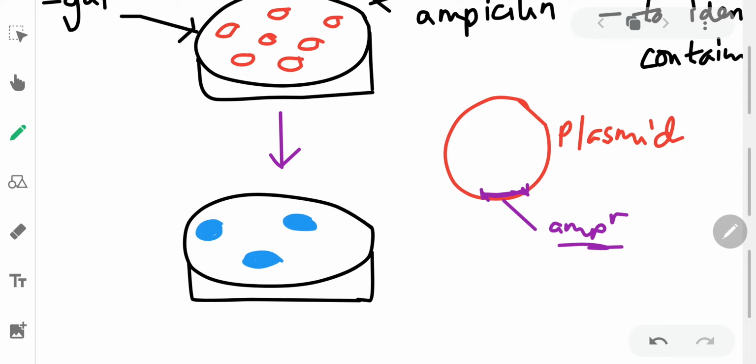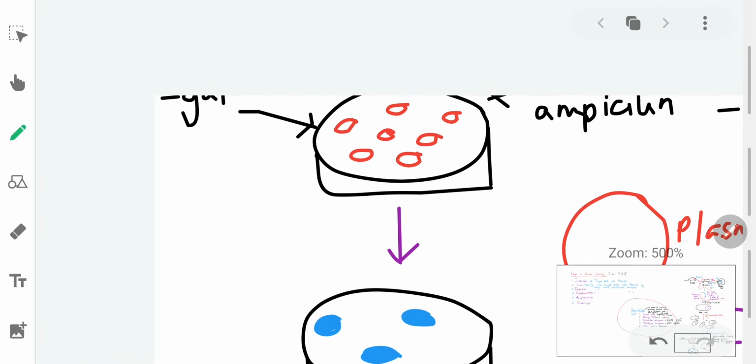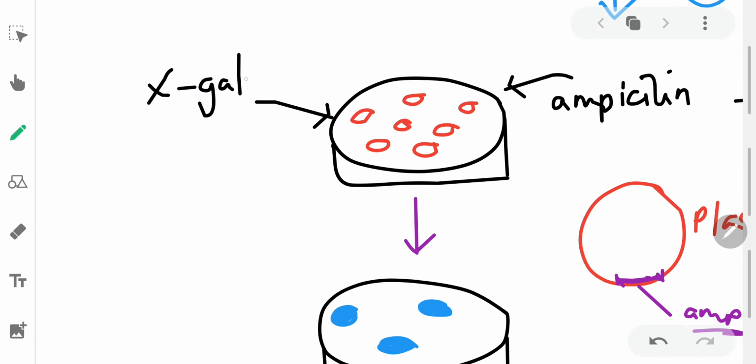Why? Why does it turn blue? Now, just now, we put X-gal sugar. X-gal is actually a sugar. We put X-gal sugar into the medium.